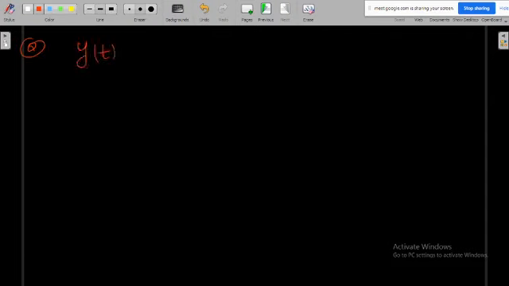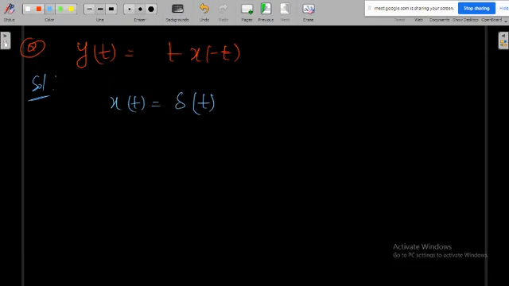y of t is equal to t times x of minus t. Whether the given system is stable or not? First apply the input as delta t. When you apply the input as delta t, the output is y of t equals t into delta of minus t.